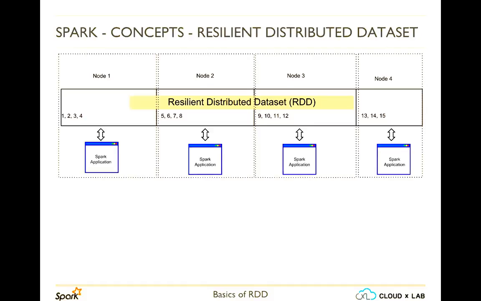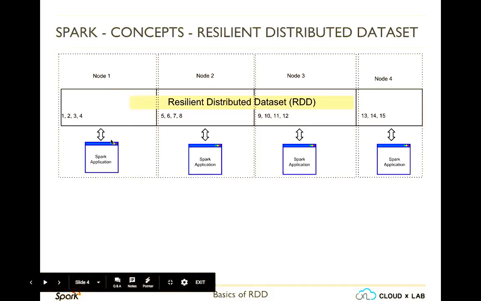A question from Sachin: do you mean RDD is executed by the Spark application? Whatever program you are going to write, let's say you want to count the total number of elements in every partition, or multiply every number in an RDD by 2.